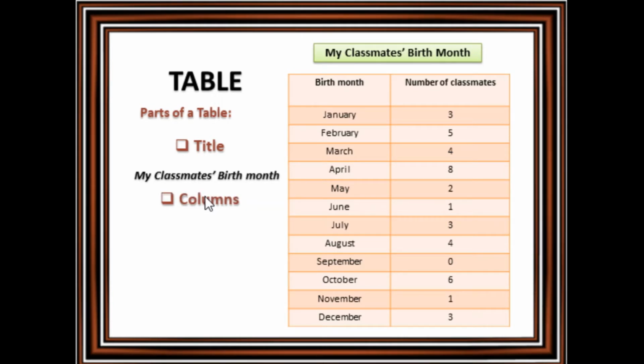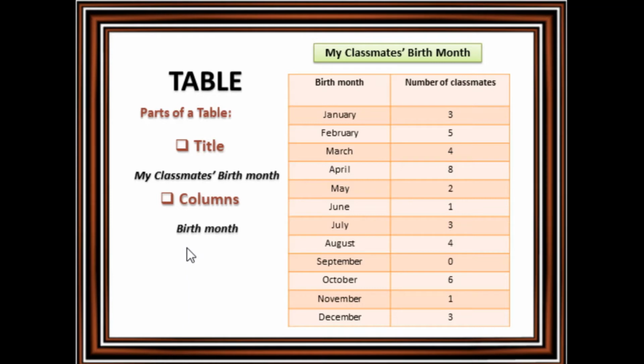Second part is we have the columns. Can you remember how many columns I told you last time? How many columns are there in the table? Very good. You have 2 columns. It's 1, 2. You have 2 columns and each column has a header.